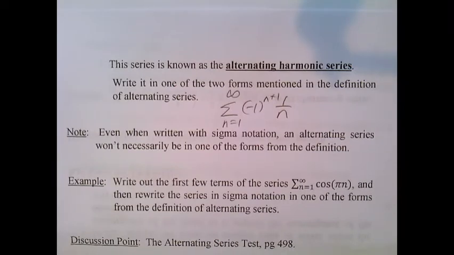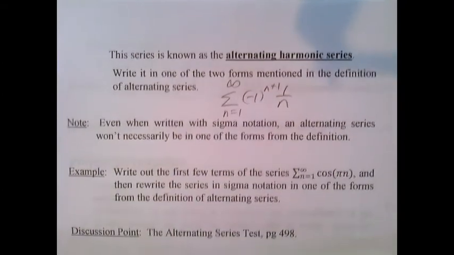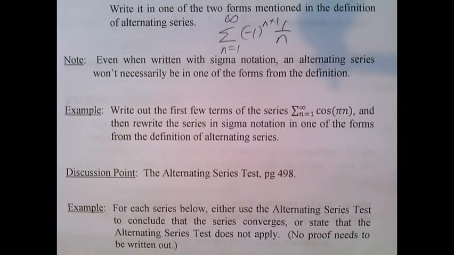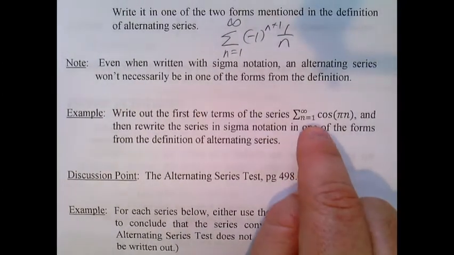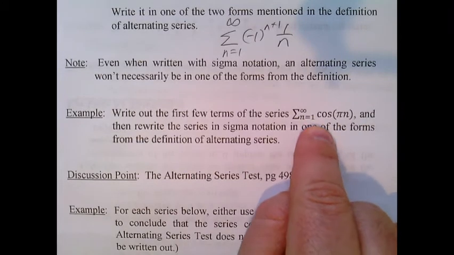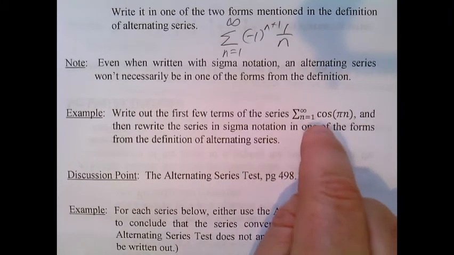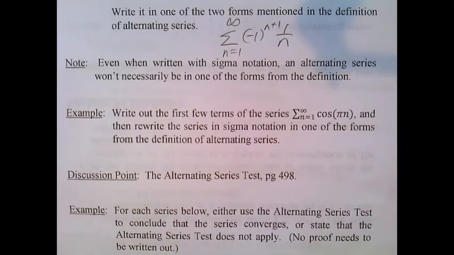However, just because an alternating series can always be written that way doesn't necessarily mean that it would be explicitly written like that. Here's an example. I don't think it's immediately obvious that this is an alternating series, but if you start writing out the terms, I think it would be clear pretty quickly.